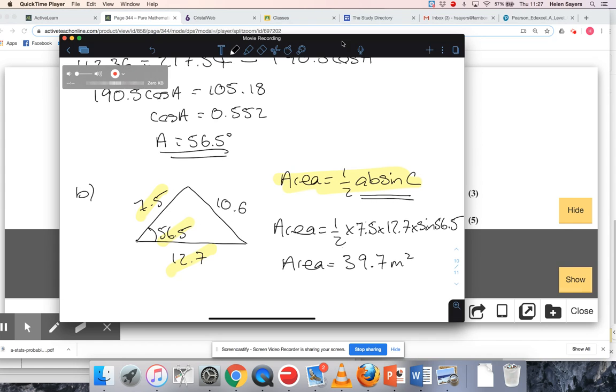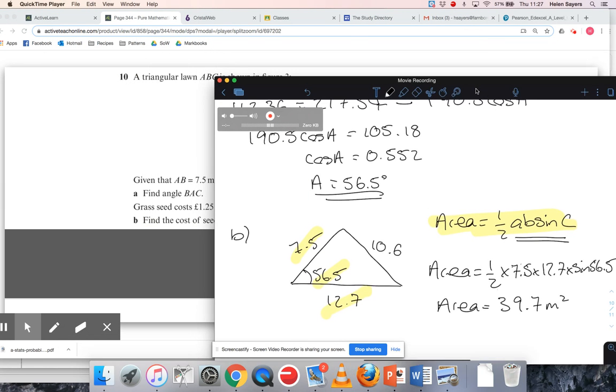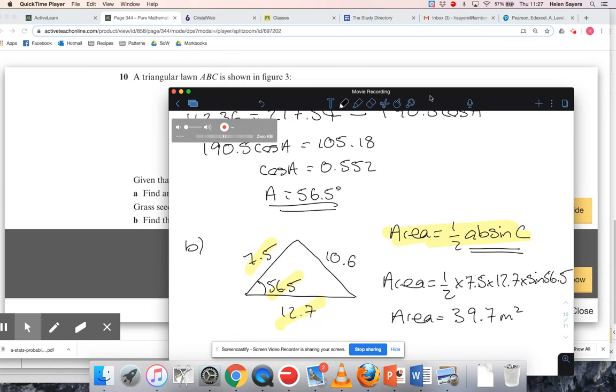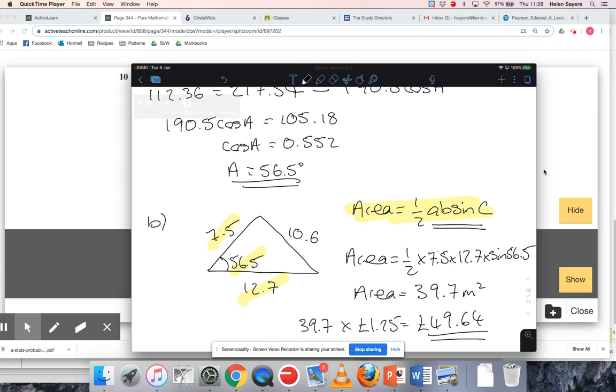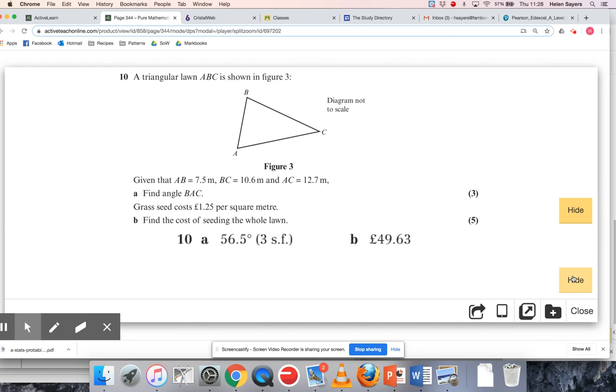I'm assuming with lawn seed you don't have to buy it in whole square meters. So I am just going to do 39.7 times £1.25. And I'm going to get £49.64.